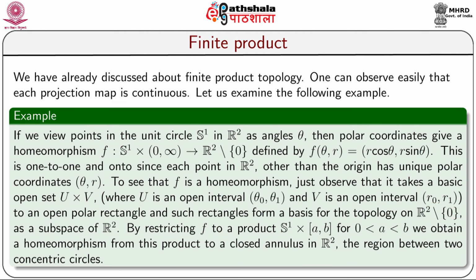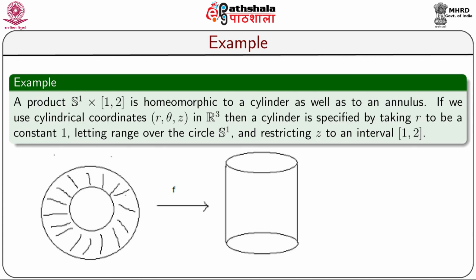As a subspace of R2, by restricting f to a product of S1 cross the closed interval [A, B] for 0 less than A less than B, we obtain a homeomorphism from this product to a closed annular region in R2, the region between two concentric circles, which is described in the following pictures.